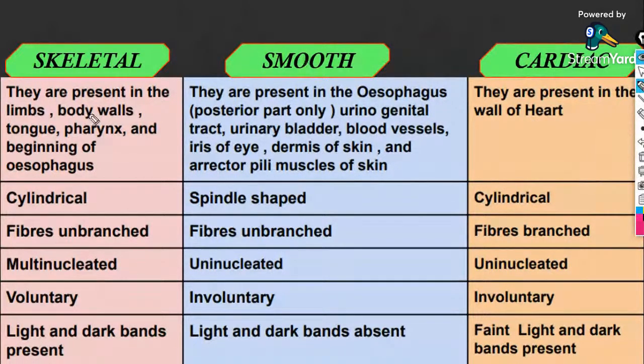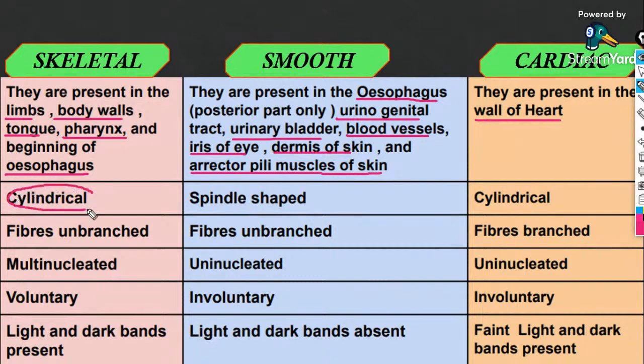Skeletal muscles are present in the limbs, body walls, tongue, pharynx, and beginning of the esophagus. Smooth muscles are found in the esophagus, urinogenital tract, urinary bladder, blood vessels, iris of the eye, dermis of the skin, and the erector pili muscles of the skin. Cardiac muscle is present in the walls of the heart.